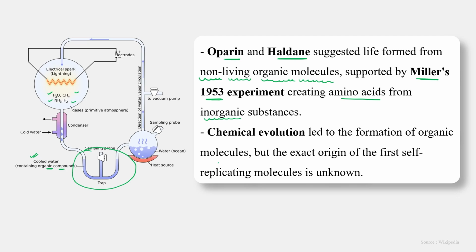So in the 19th century, this experiment worked as a milestone, a very solid, approved experiment which suggests that life initially originated from non-living organic molecules, from inorganic to non-living organic molecules.